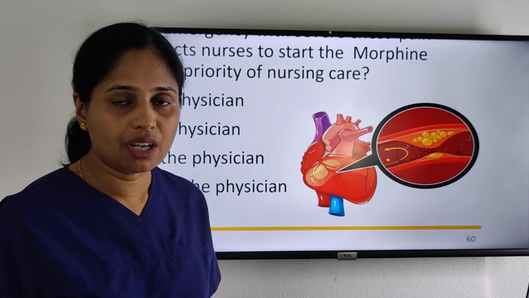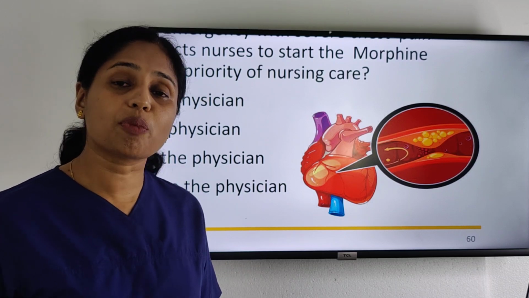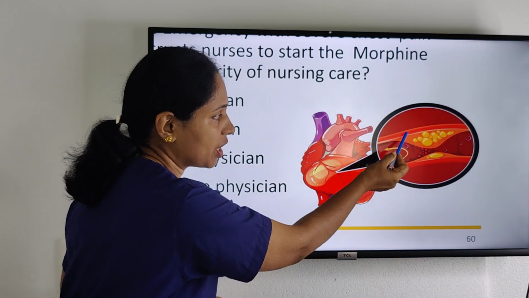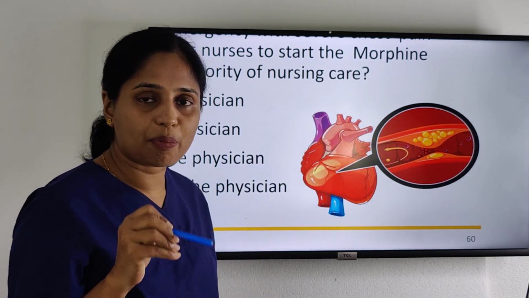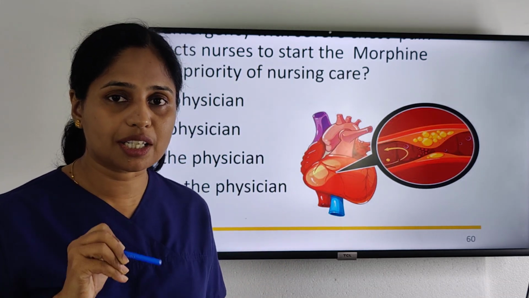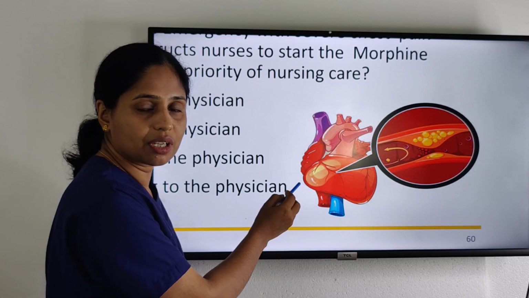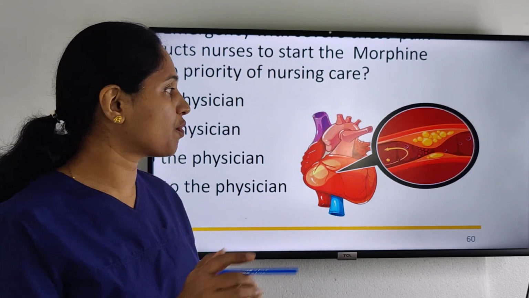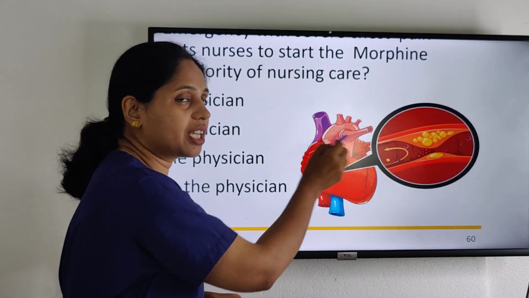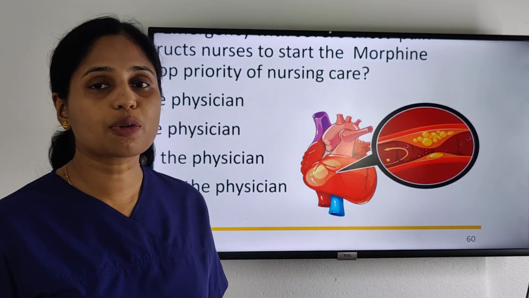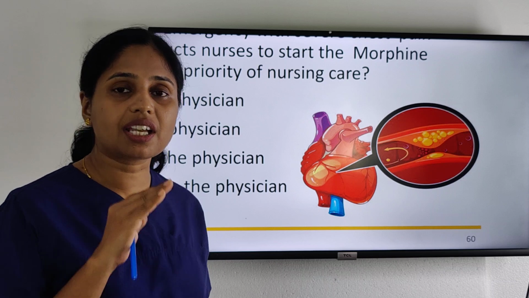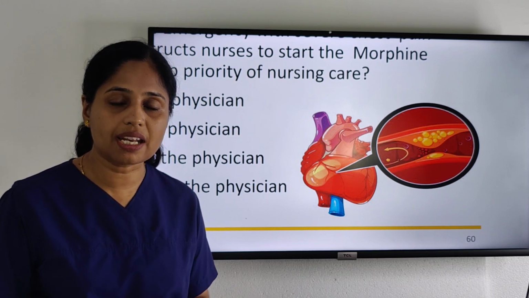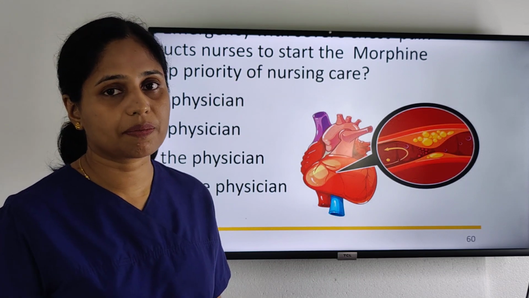Because of narrowing, constriction, or any plaque in the coronary artery, the blood supply towards the myocardium is reduced, because of a thrombus in the coronary artery. So please remember, the coronary artery carries oxygenated blood which nourishes the myocardium.